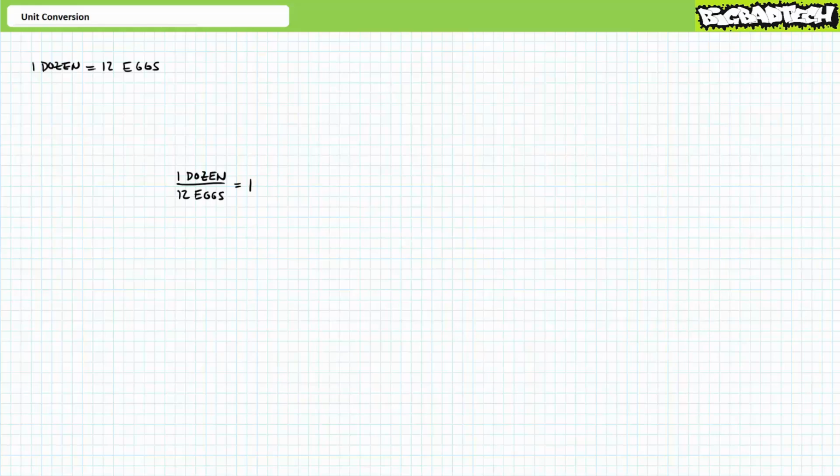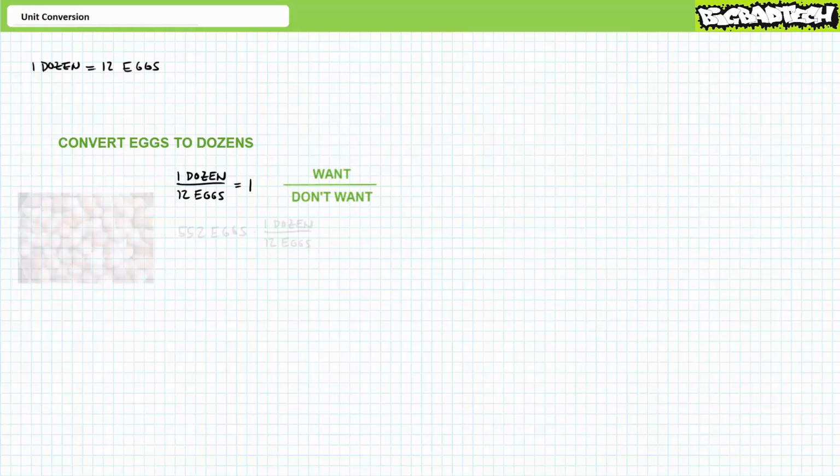If 1 dozen is 12 eggs, and 12 eggs are 1 dozen, this is a 1. If we wanted to convert a given quantity of eggs into an equivalent amount of dozens, one could multiply the quantity of eggs by 1, where 1 is chosen to be 1 dozen over 12 eggs. The unit I want, dozens, is on top. The unit I don't want, eggs, is on the bottom.